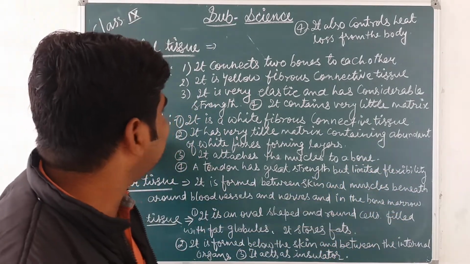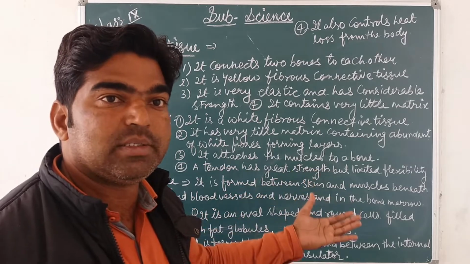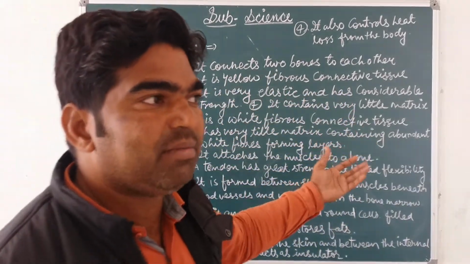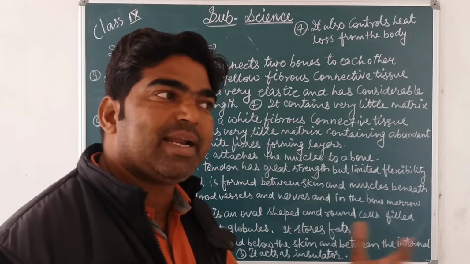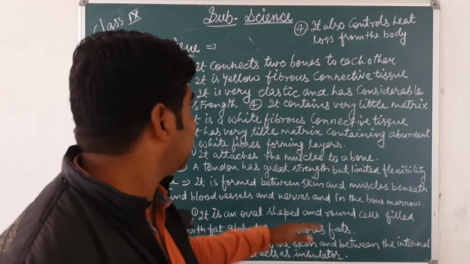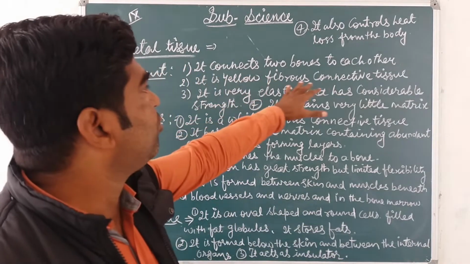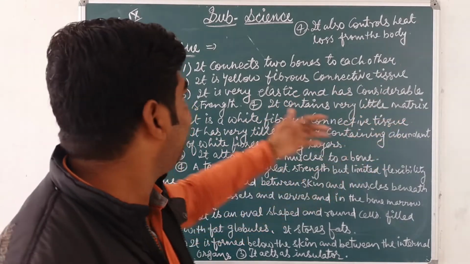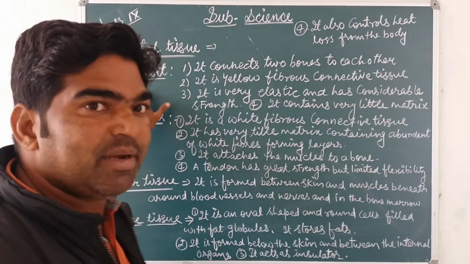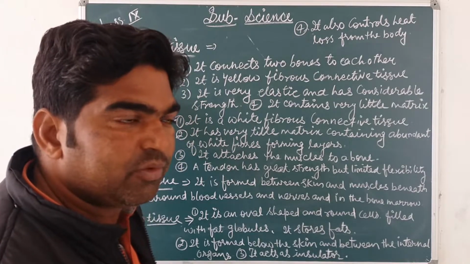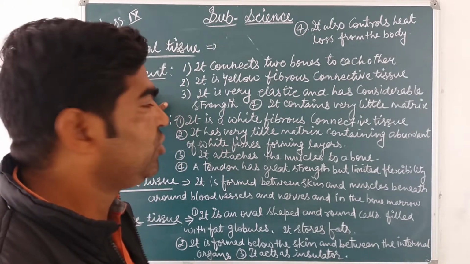But tendons connect bone to muscles. Bone to bone is connected with the help of ligament, but bone to muscle is connected with the help of tendons, which we also discuss. This ligament is a glue or material to join the two bones at the joints.